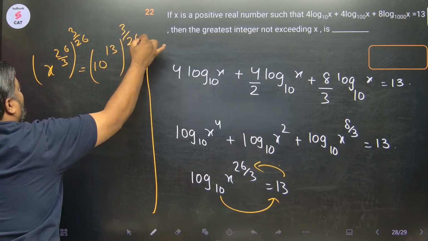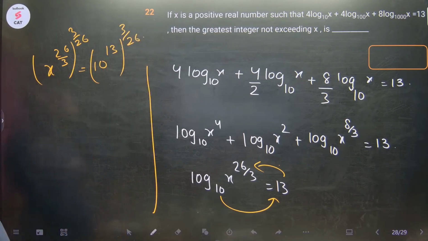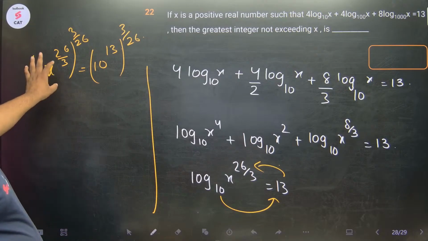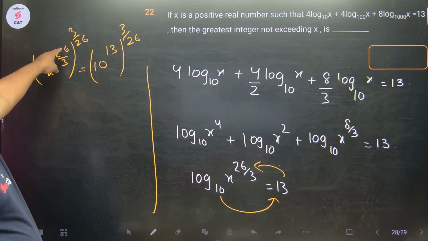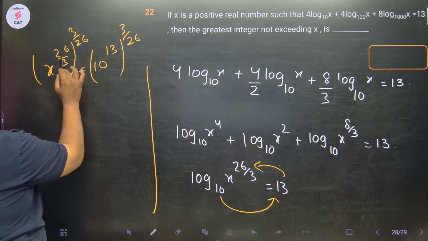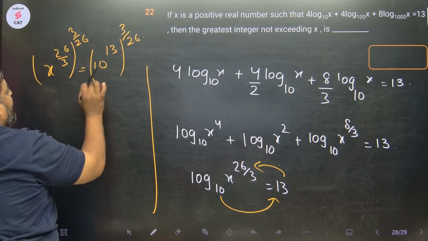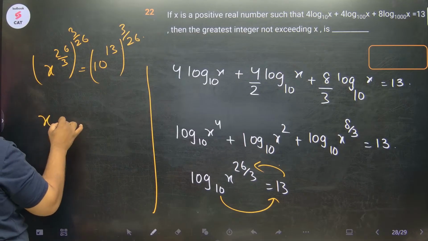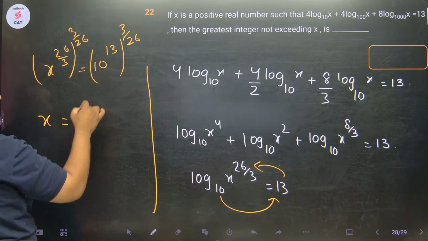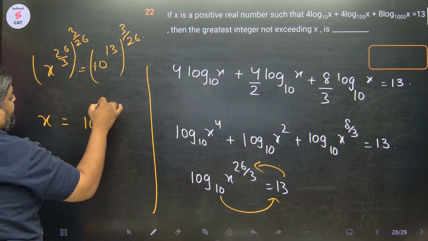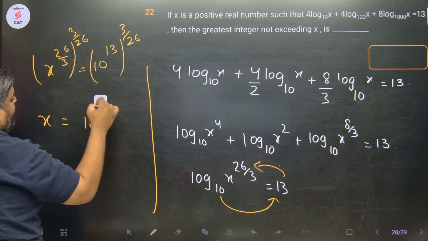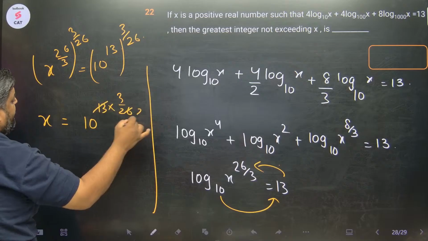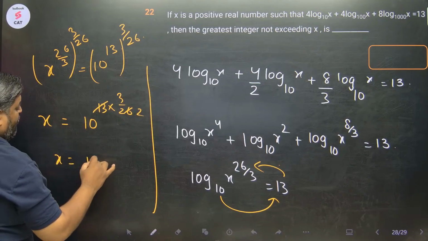Say yes sir. On the left hand side I want x independent, I want to eliminate the power, so I multiply 26 by 3 by 3 by 26, and the right hand side must be multiplied too. So this gets cancelled. Left hand side you have x, right hand side you will have 10 to the power 13 into 3 by 26. This goes in 2 times. So x is 10 to the power 3 by 2.